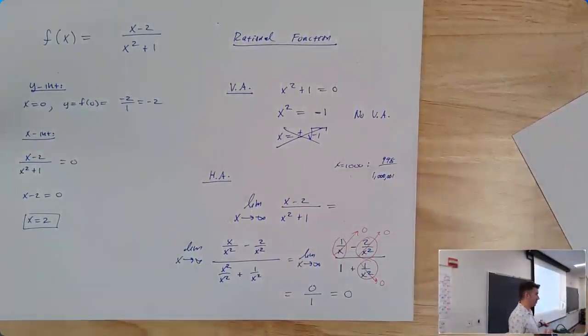That's a pretty small number, like 1/1,000. And the bigger x gets, the faster the denominator is going to outpace the numerator. So if your fraction has a bigger denominator than numerator, it's getting smaller. So the horizontal asymptote is the line y equals 0, aka the x-axis.